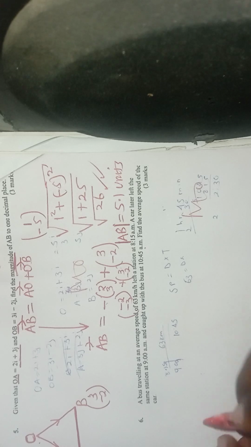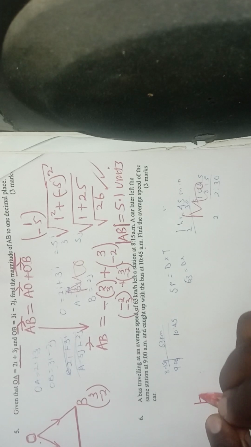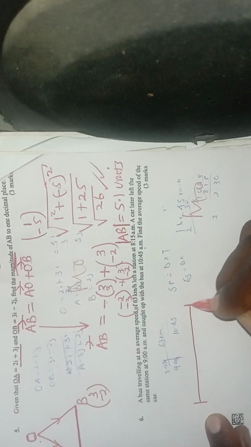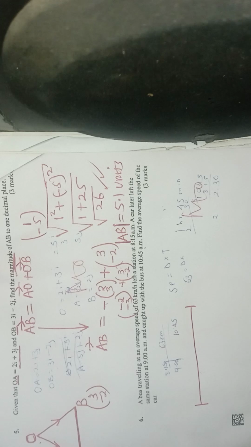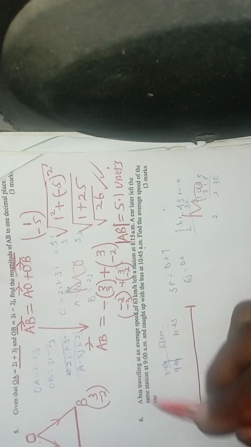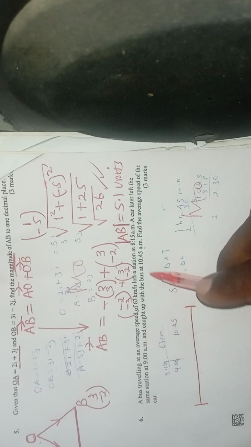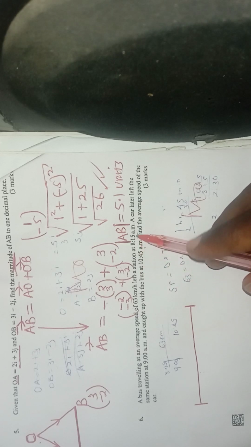What do we need to do? We are first going to draw a line to show the movement of these two different means of transport, that is a car and a bus. We are told a bus is leaving a station at 8:15.